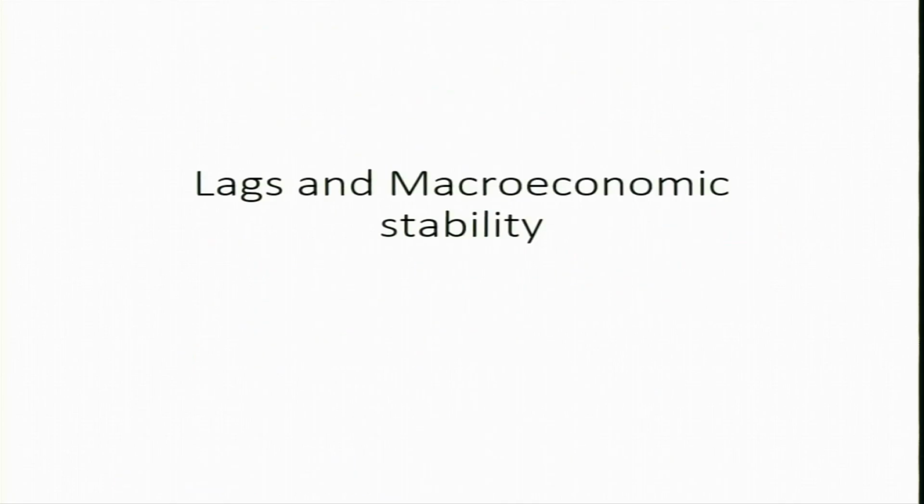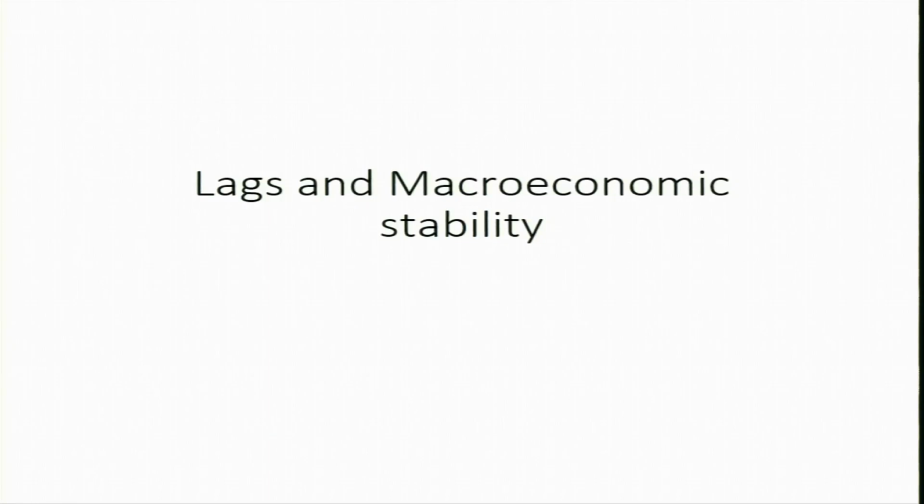Some more related topics here. Since we discussed, using the diagrams, especially the IS-LM, that expansionary fiscal policy and expansionary monetary policy are going to benefit the economy by increasing aggregate demand and aggregate supply.